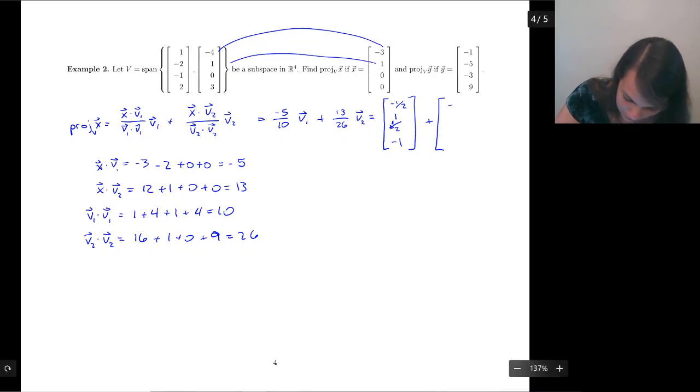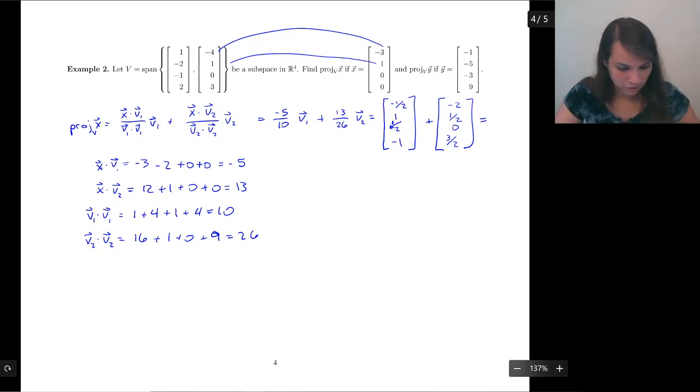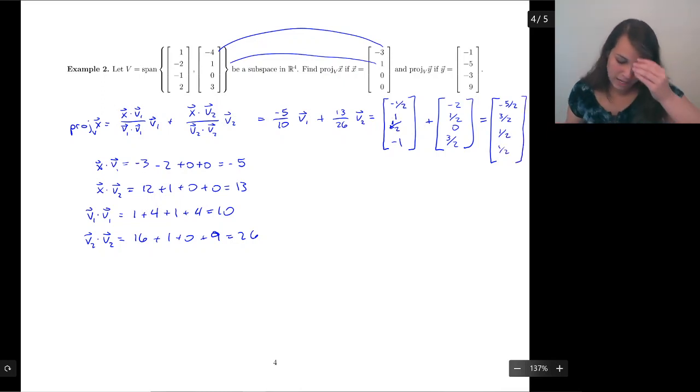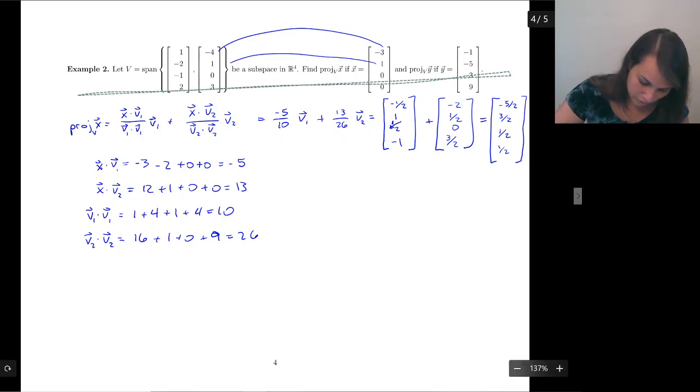Okay, so negative 2, positive half, 0, 3 halves. That's going to be equal to negative 5 halves, 3 halves, 1 half, 1 half. There we go. So that's our first result.